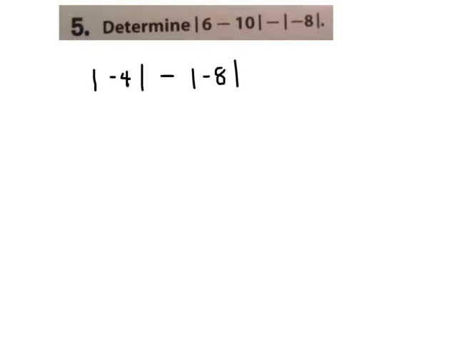Now let's go ahead and take this part to the next step. The absolute value of negative 4 is 4. Take away the absolute value of negative 8 is 8. I now have 4 take away 8, which I can rewrite as 4 plus negative 8. I know that 4 plus negative 8 is negative 4.